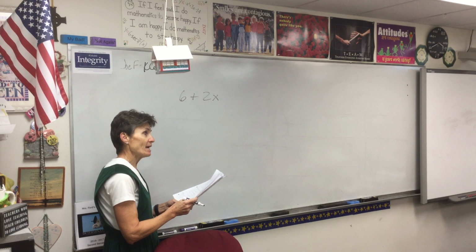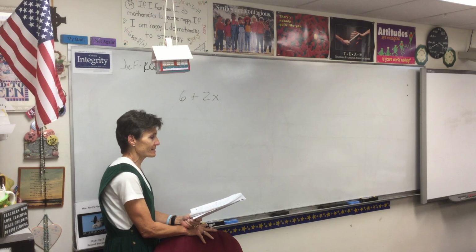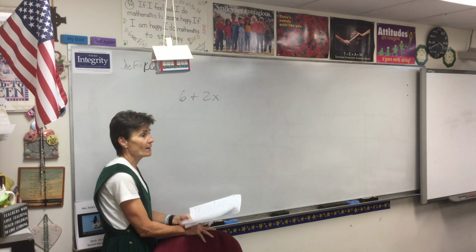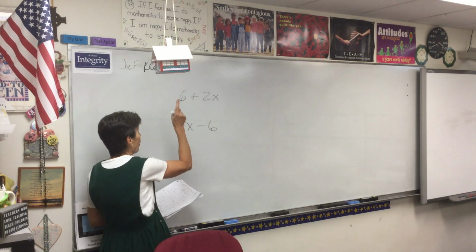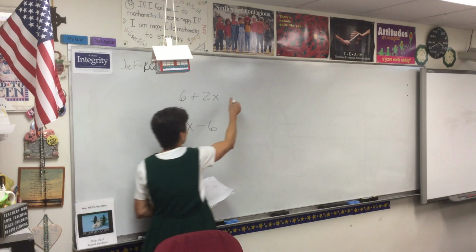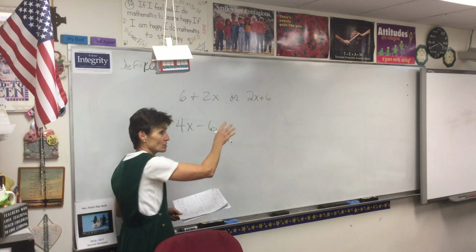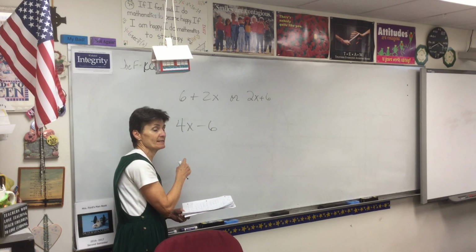Yep. Now be careful on the next one. 6 less than 4 times a number. Exactly, 4x minus 6. Now, on question number 1, you could write it 6 plus 2x or 2x plus 6. It doesn't make any difference on question number 1. On question number 2, it makes a difference.